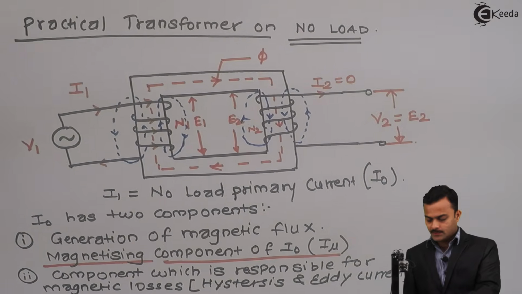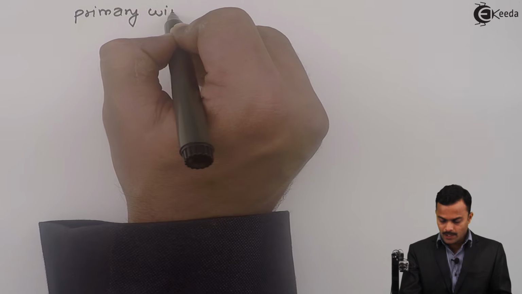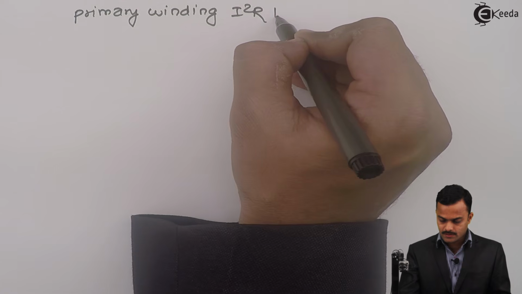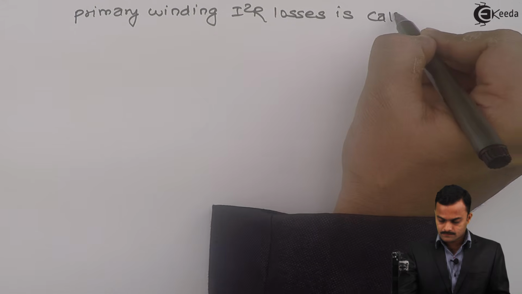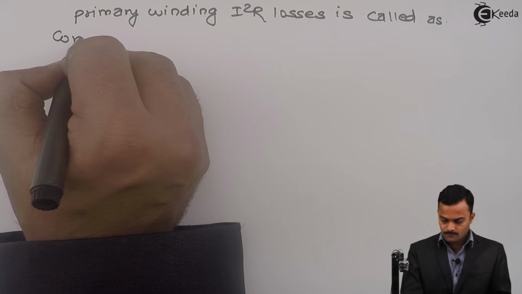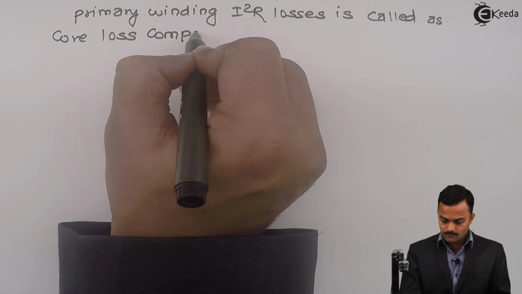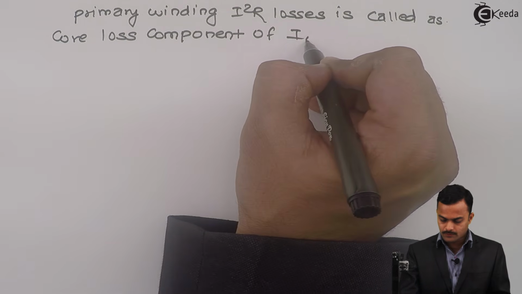So the component which is responsible for magnetic losses and primary winding I square R losses is called the core loss component of I0.